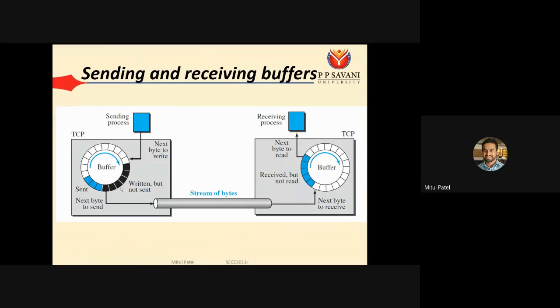So we go from the blue color to the black color, black to the white color, like that. As bytes are stored in the white blocks, this white will be converted to black. In the same way, as acknowledgements come, those blocks need to be removed, the data goes out, and this blue will be converted to white.